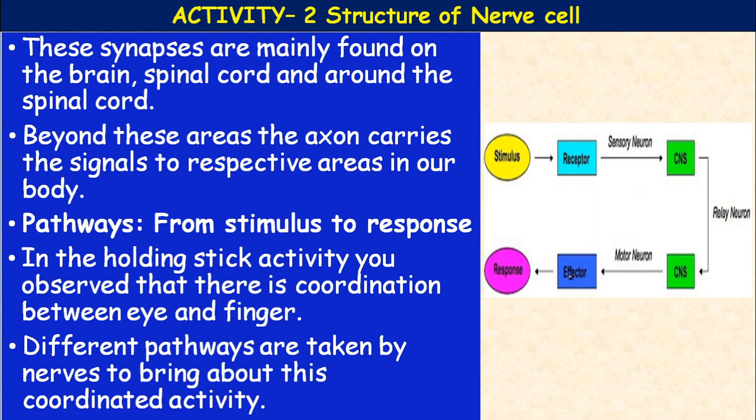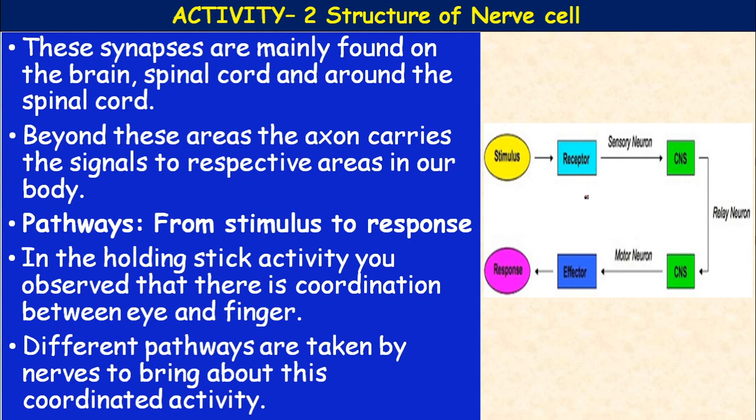Okay, how does that coordinated activity take place? First, stimulus. The stimulus is received by receptors. What are receptors? Receptors are the special cells with which the sense organs are designed. For example, that scale activity. The scale is held in the hand.